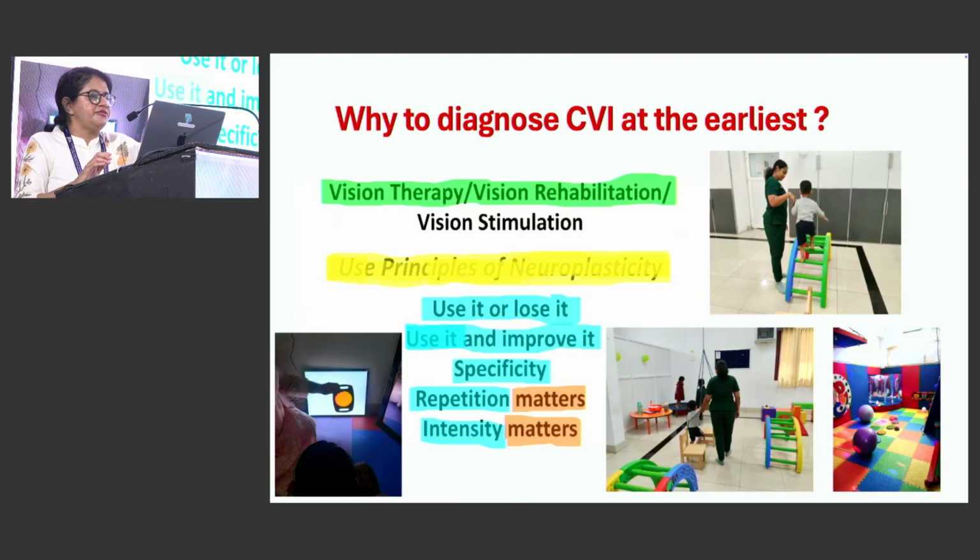What's the need to diagnose the CVI at the earliest? Here we are making use of the principles of neuroplasticity, that is, use it and improve it. Repetition matters and intensity matters. So that's the basis of vision therapy and vision rehabilitation.